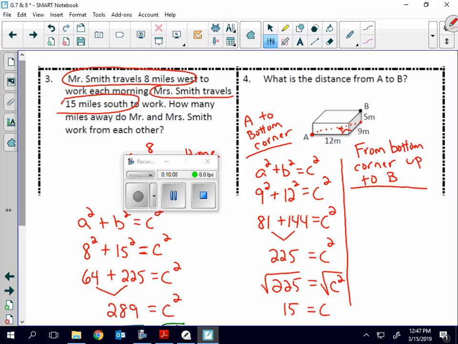From the bottom corner, a different color here, we went from A to here. That was the distance we've already found. Now we need to go from there up here, and that's a distance of 5. So if we add 5 plus our original 15, we get 20 meters as our total distance from A to B.